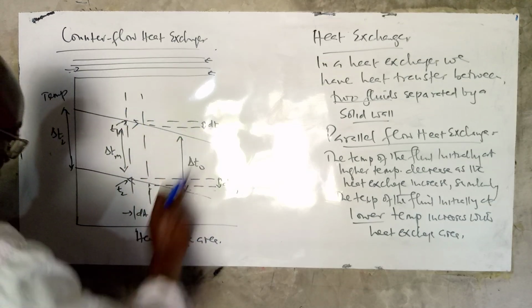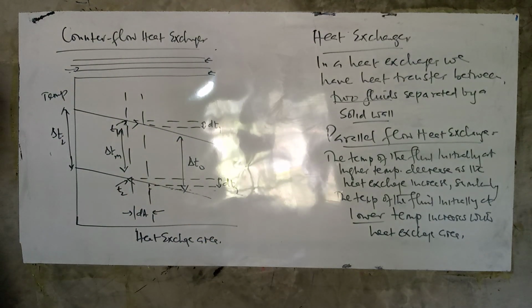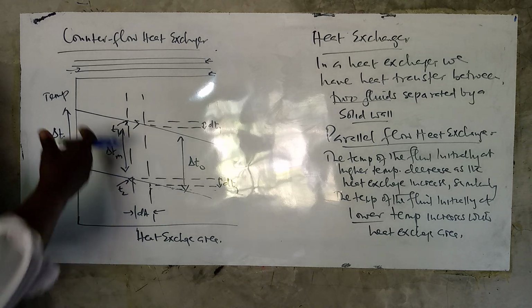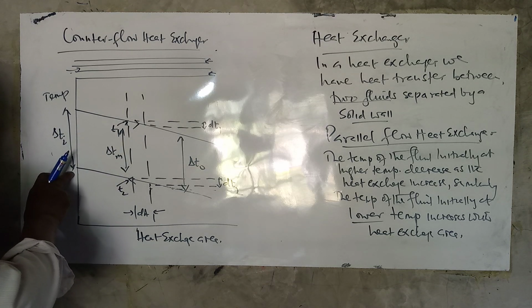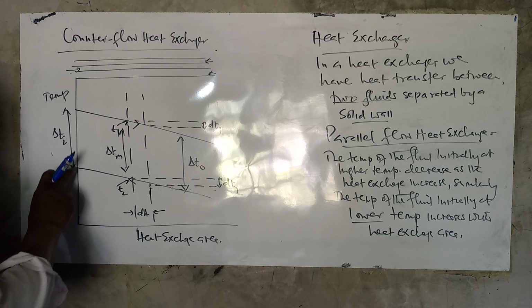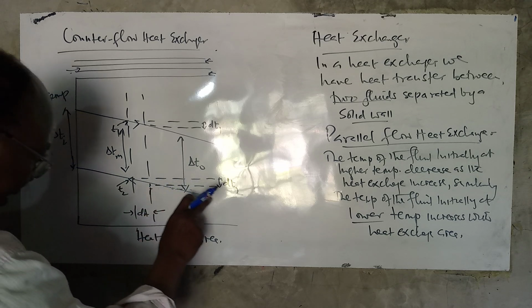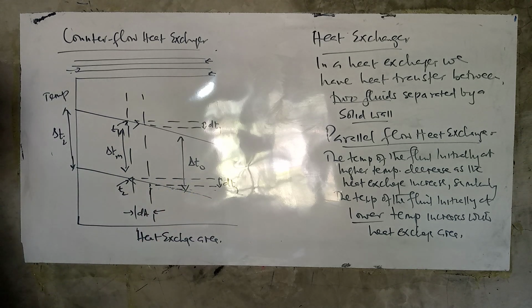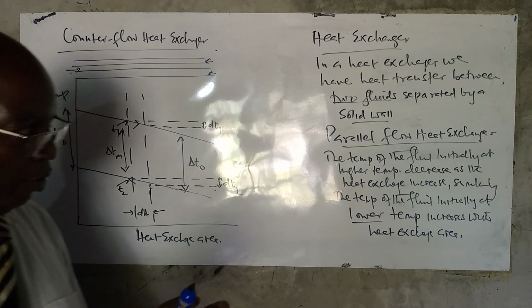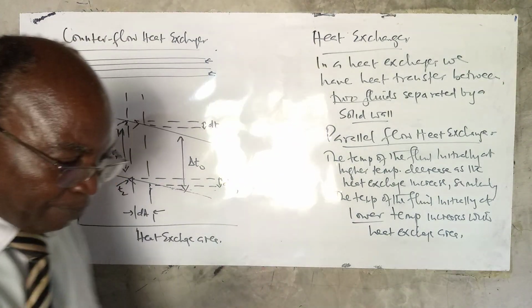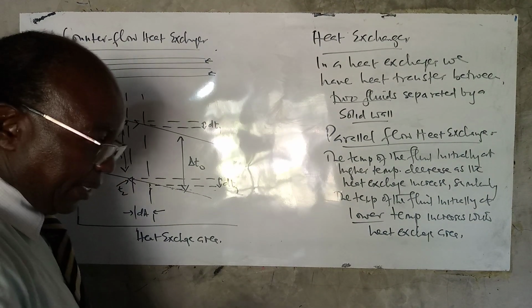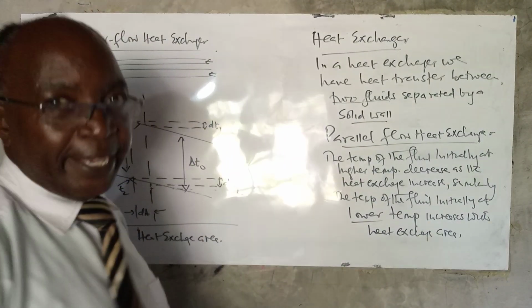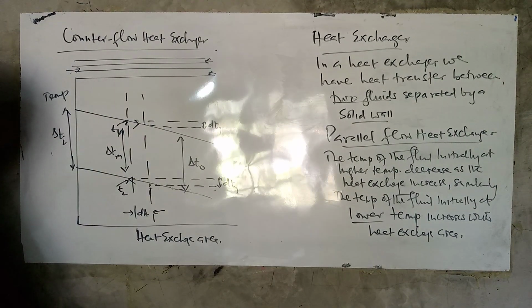The temperature drops with the heat exchange area. And now also the temperature of the fluid, which was at the lower temperature, decreases with the heat exchange area. Remember, in the case of the parallel flow heat exchanger, the temperature of the fluid, which was at the lower temperature, was increasing with the heat exchange area.